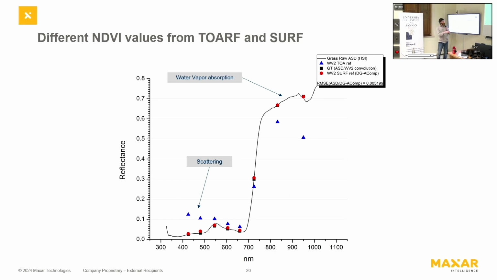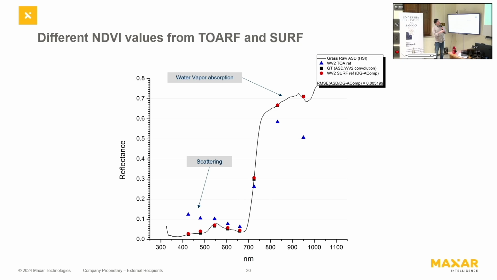Do you know what color is this? 400 nanometers, 450? What? Blue. The sky is blue, right? That's what this is telling you. Yeah, the sky is blue. And it's not red. That's why it goes down really quickly. But this is the contribution that you can remove if you have a Rayleigh-only correction.